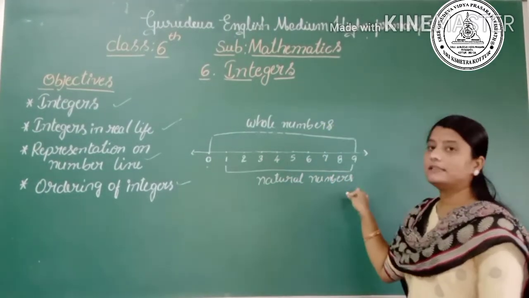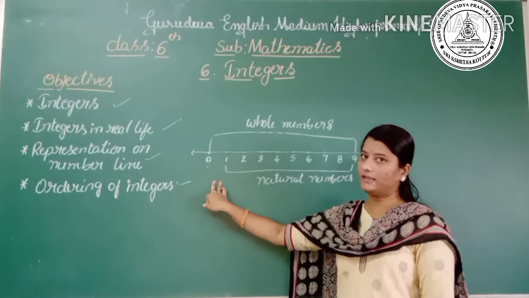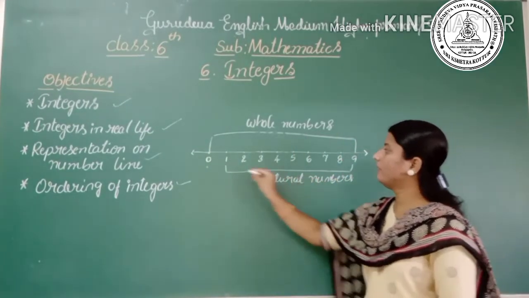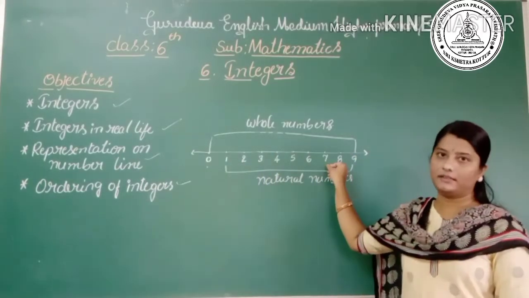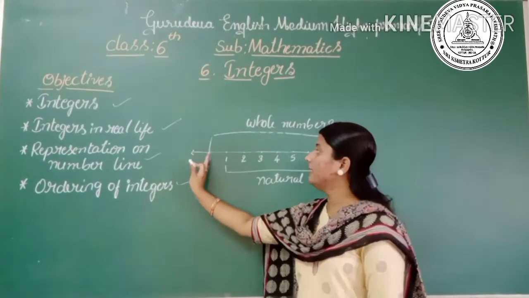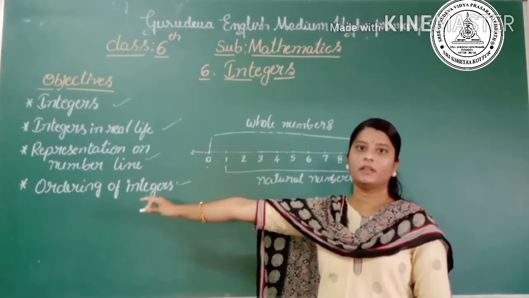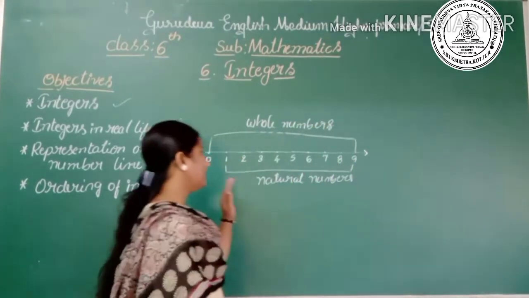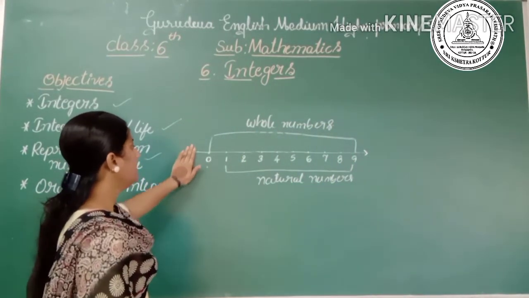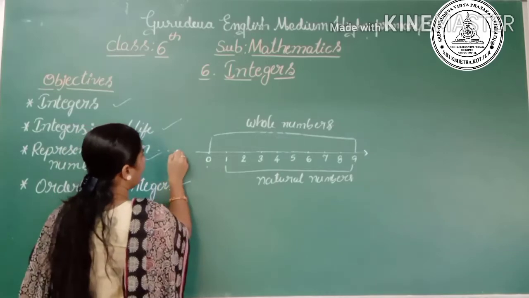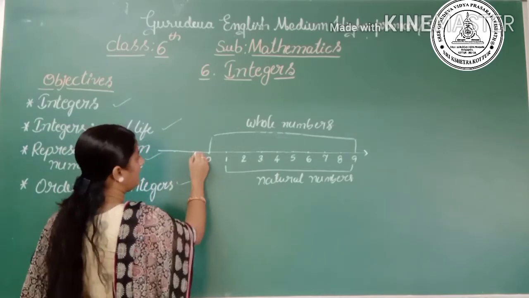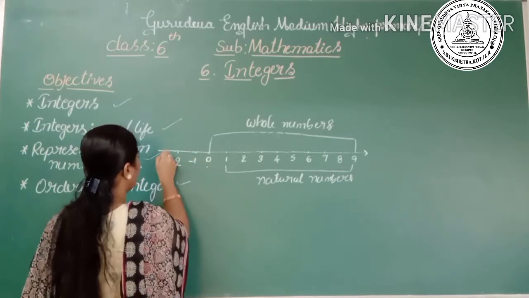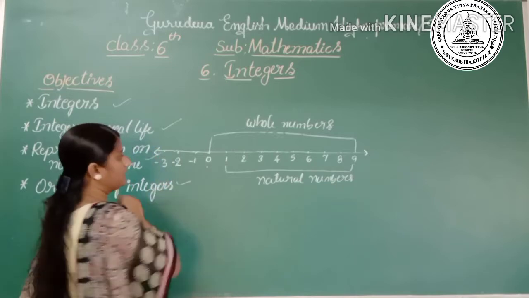You can see the number line extends in both directions. To the right of zero on the number line, we see natural numbers. Then what would we get to the left of zero? That is the negative numbers. So the number line extends to the left of zero. To the left, we get negative numbers, that is -1, -2, -3, like that.